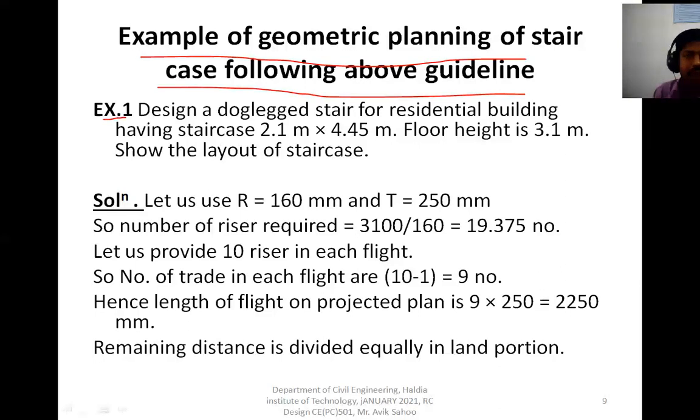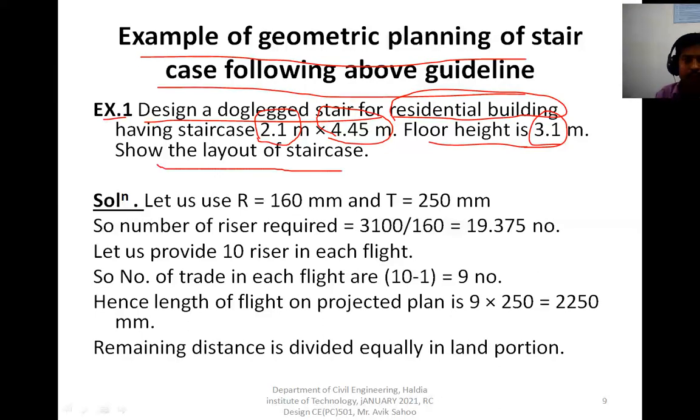Here the example given: design a dog-legged stair for residential building. The type of building is mentioned, that is a residential building having staircase. The staircase size is 2.1 meter width and 4.45 meter length, and the floor height is given, that is 3.1 meter.